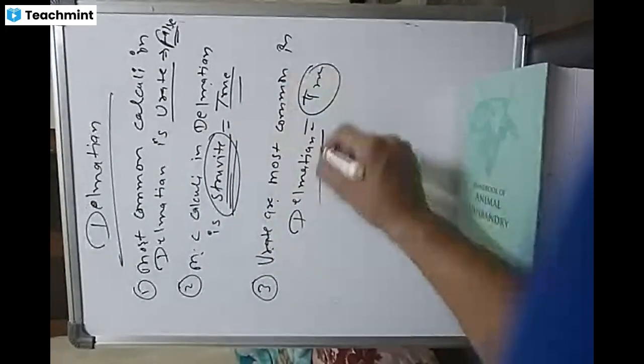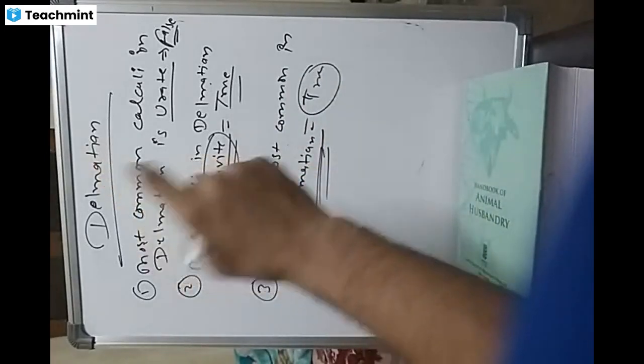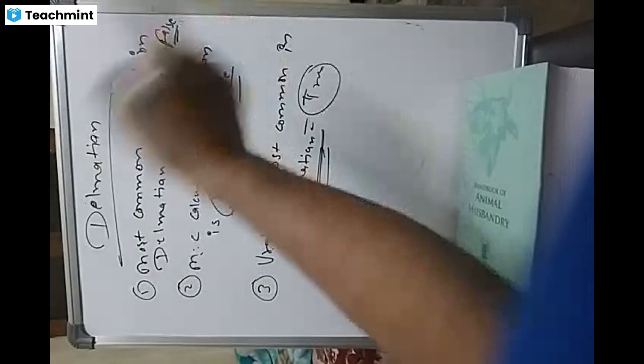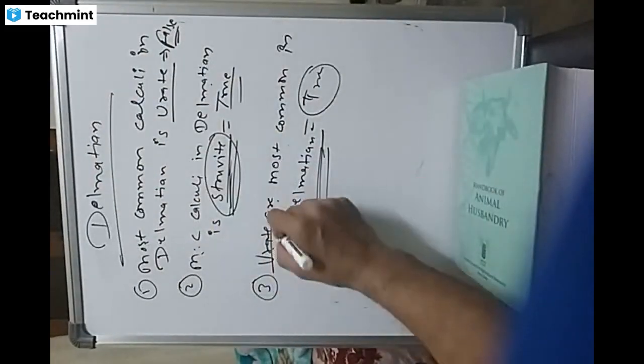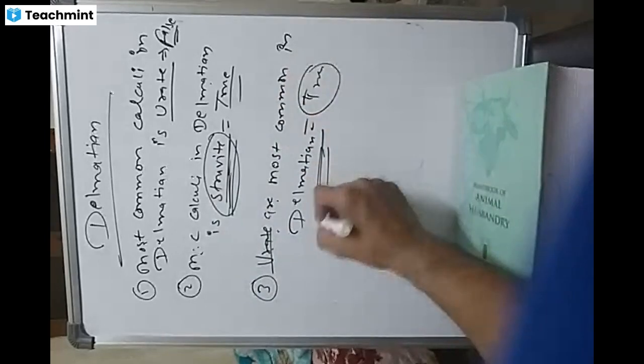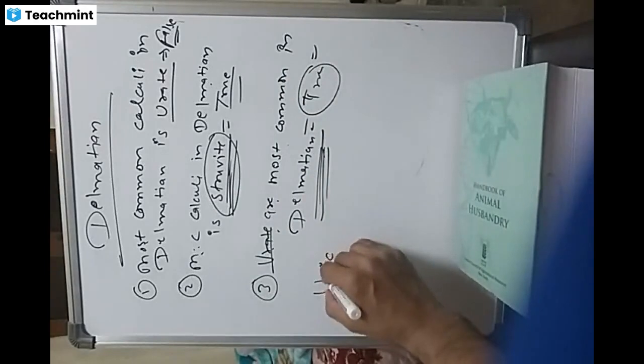Most common calculi in dogs is struvite, but urate is most common in which breed? In case of Dalmatian.